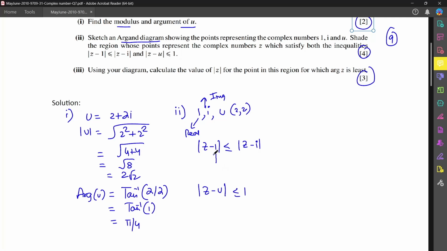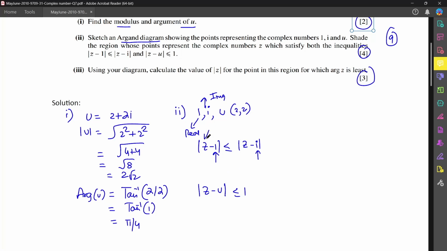Now first plot the points 1 and i, and join the points 1 and i. You're going to draw the perpendicular bisector of 1 and i, and mark the region which is closer to 1. How does this actually work?